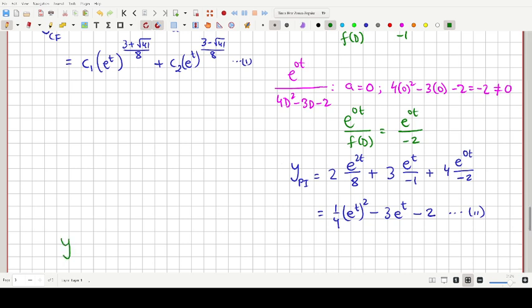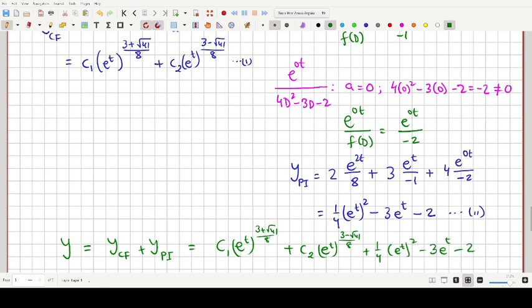So what we get is y equal to y_CF plus y_PI. That is the general solution, the answer that we are supposed to look at. So that is c1 (e^t)^((3 + √41)/8) plus c2 (e^t)^((3 − √41)/8) plus 1/4 (e^t)² minus 3 times e^t minus 2.